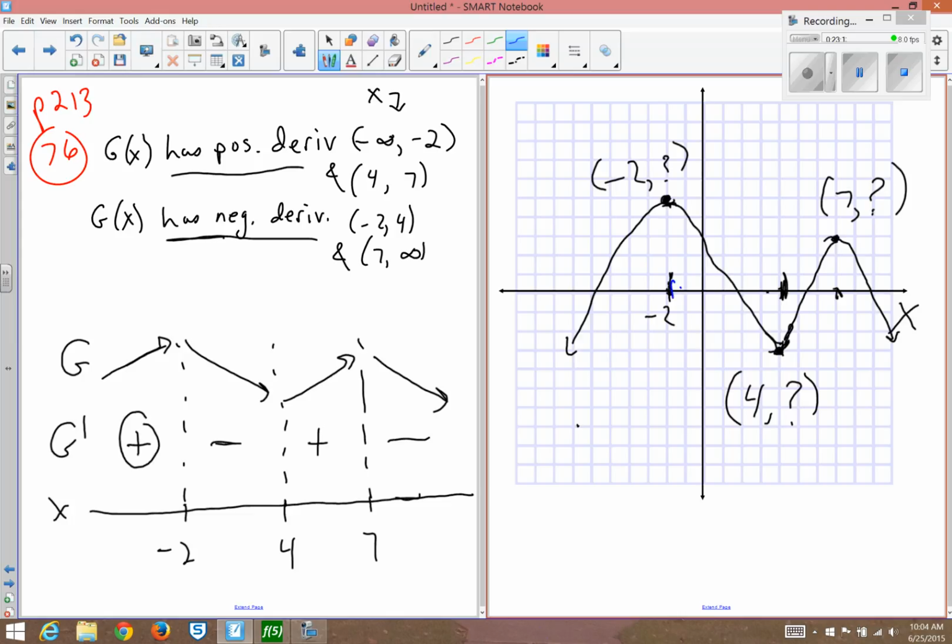It's from this blue mark up to this blue mark. Increasing from where x is 4 to where x is 7. That's from this red mark to this red mark. And then decreasing from where x is 7 onward.